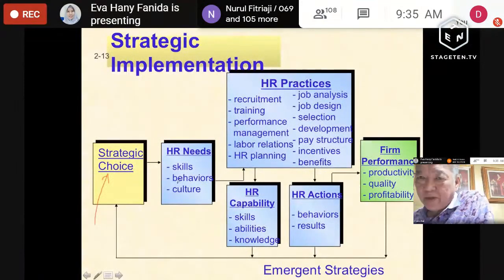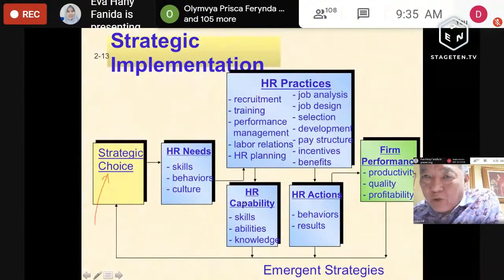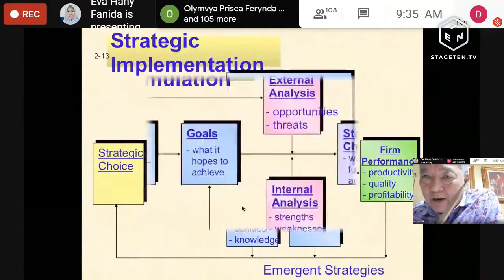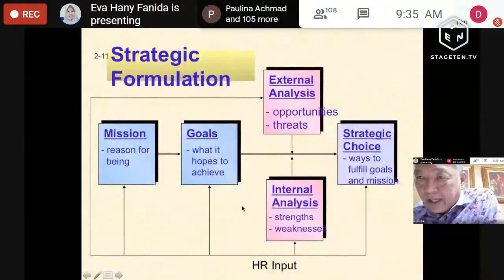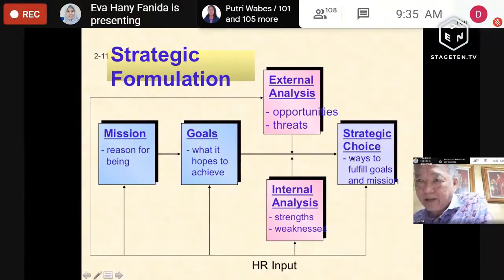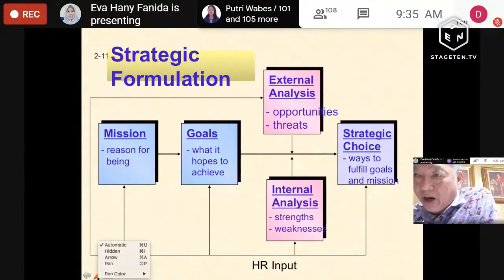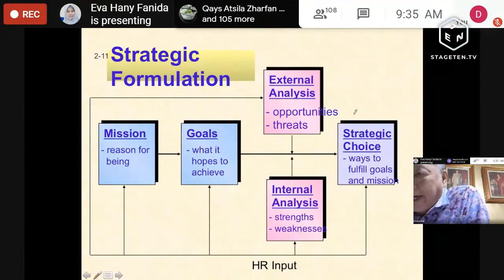You can go back to the former picture and see the same strategic choice. But this is the company strategy or organization strategy. Yes, the same one.